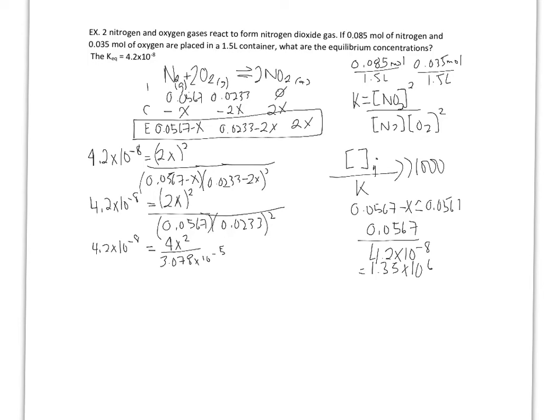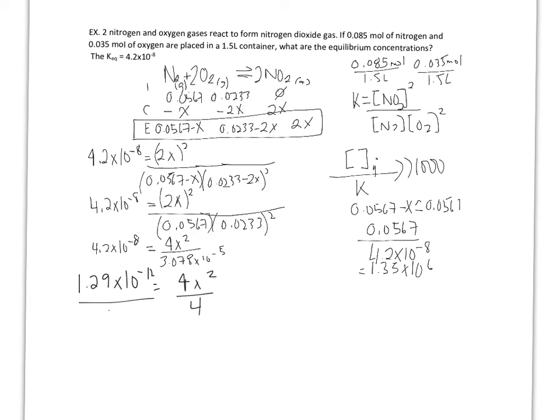Okay, so now simplify. 4.2 times 10 to the negative 8 times 3.078 times 10 to the negative 5 is equal to 1.29 times 10 to the negative 12. This is equal to 4x squared.